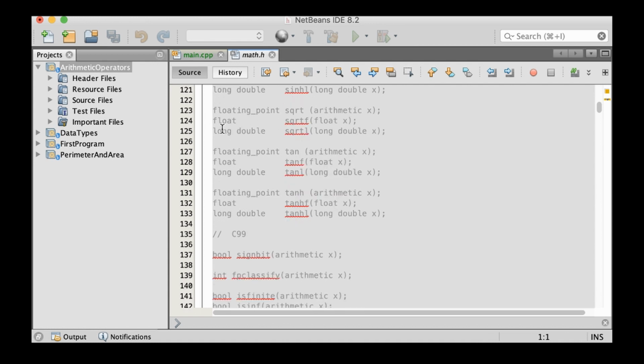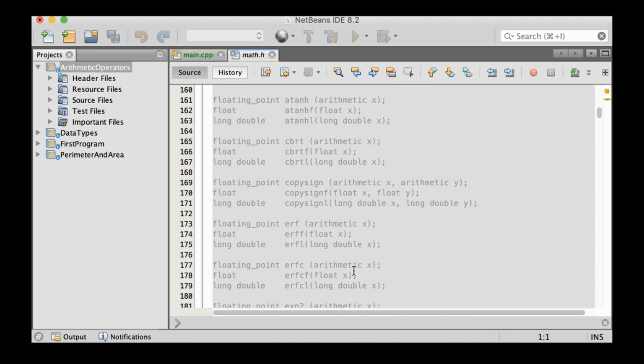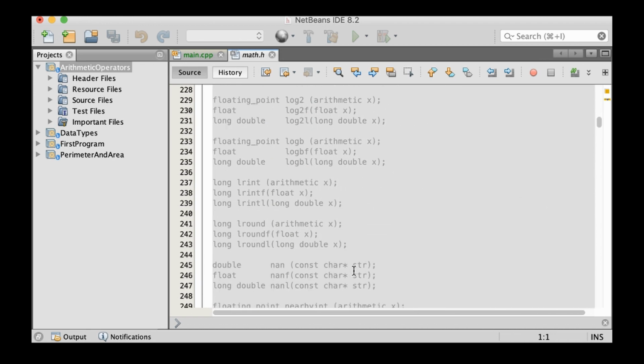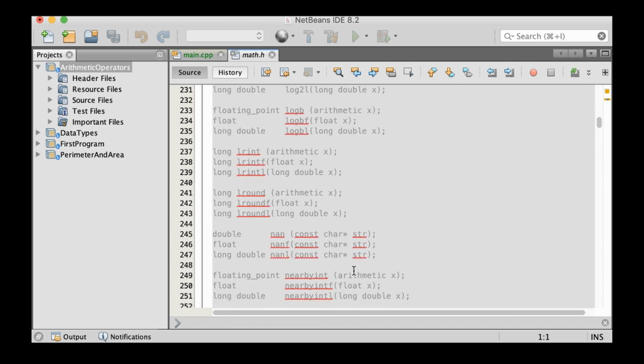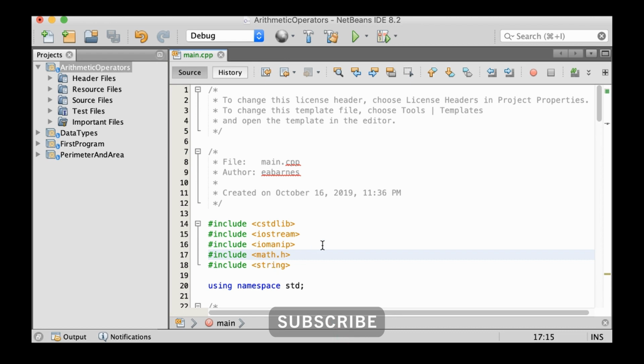And we have one for the long double, which will return long double. You have a lot of math functions that you can use whenever you need to perform certain advanced mathematical expressions. Remember to always include this file, math.h. All right.